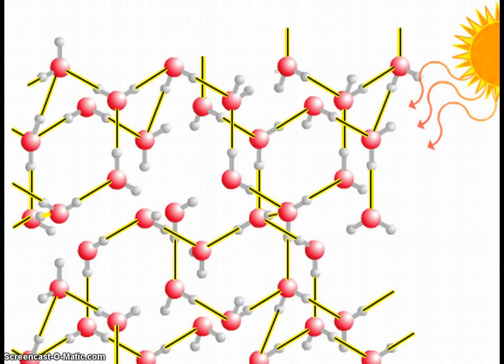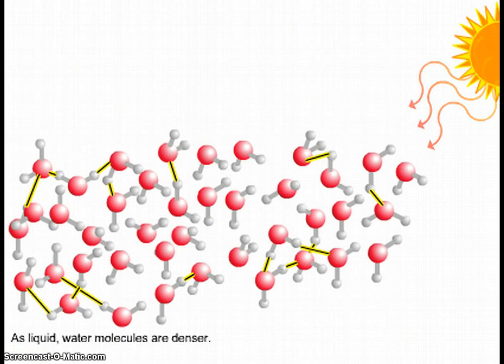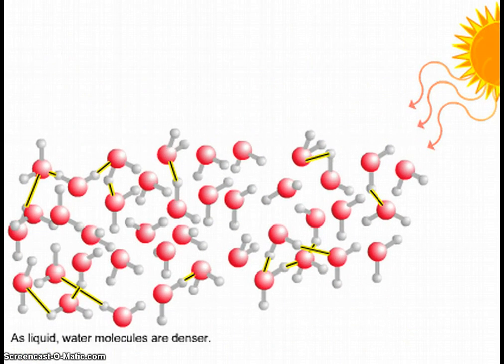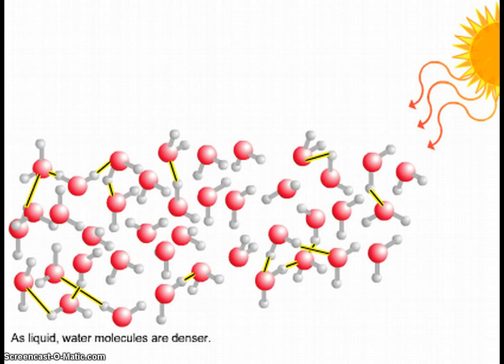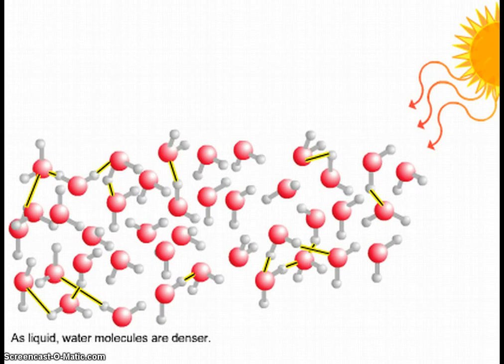As the ice absorbs energy, you can see that the hydrogen bonds are weakened and now they've collapsed. This is why the water is now more dense as a liquid than it was as a solid, because these molecules are now able to get close to each other. So as a substance, you can look at how much energy it can absorb before it is going to phase change, or how much energy it can release when it changes phase. That's all based on the types of forces that exist between the molecules.